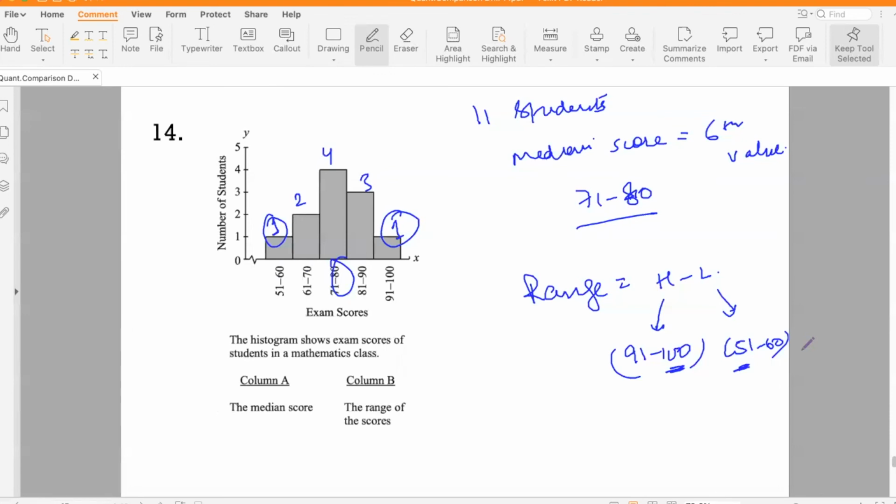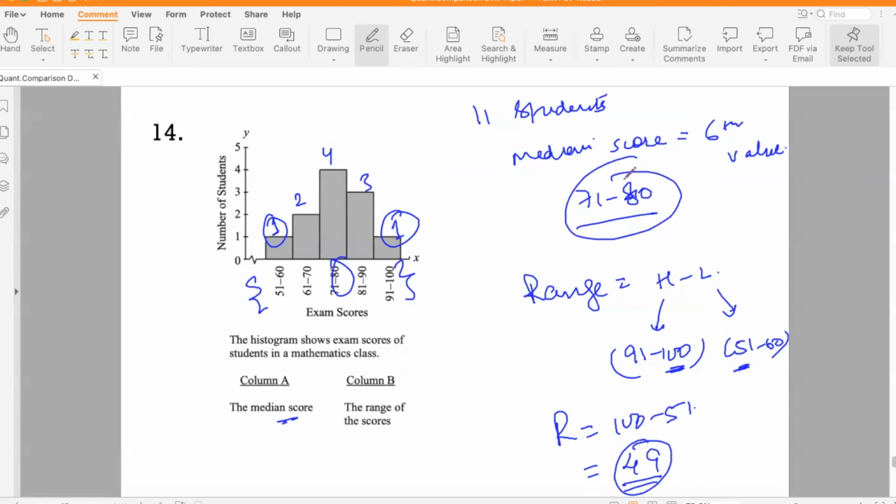Because I'm trying to maximize my range. So the range will become 100 minus 51. So that's 49, right? This is the maximum possible range of the set, because if I had taken anything below 100 and anything above 51, then this number would have been less than 49. So the median will always be greater than the range, right? Because the median is any number in 71 to 80, and the maximum range is 49. So this is A.